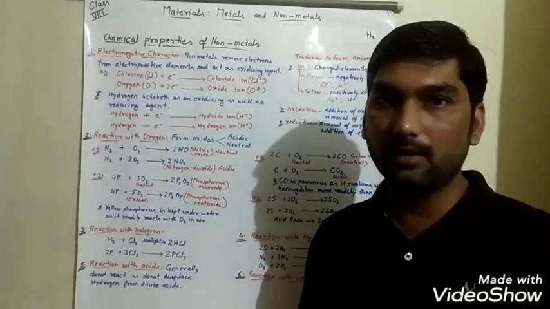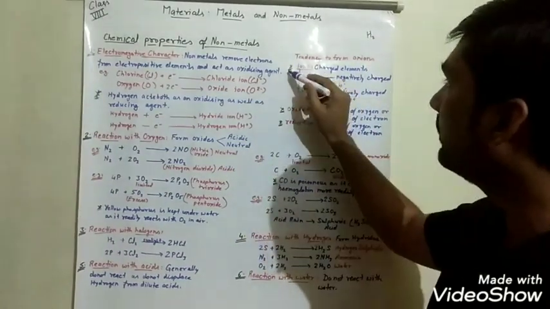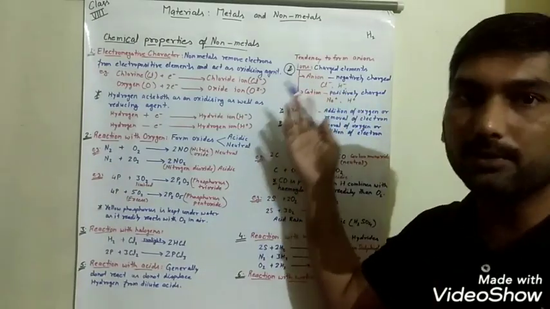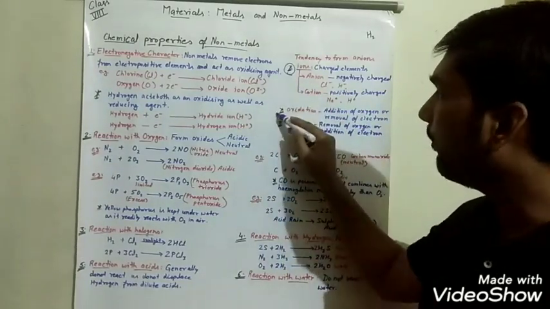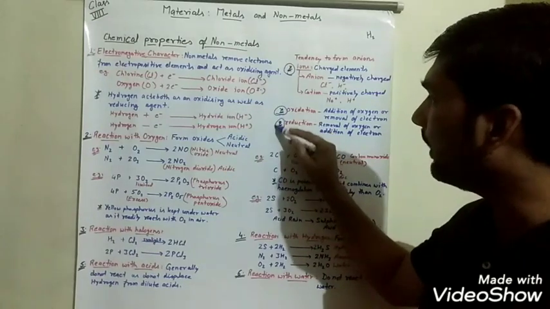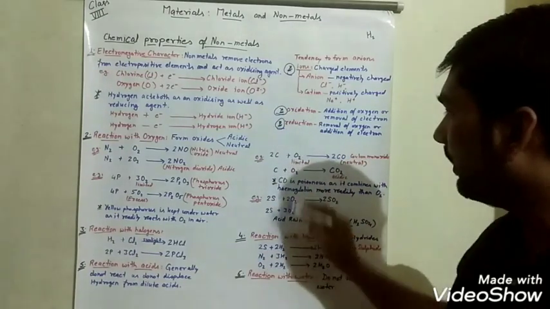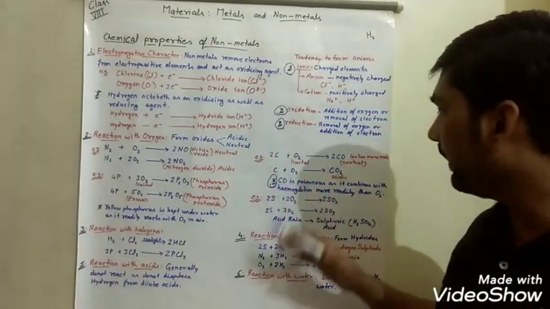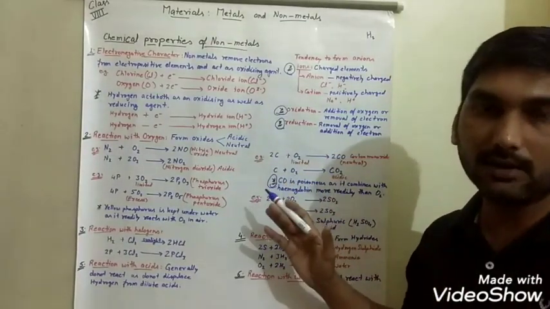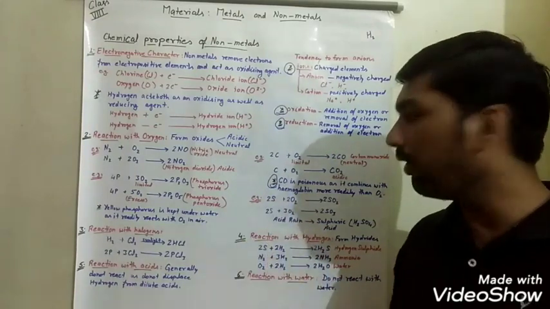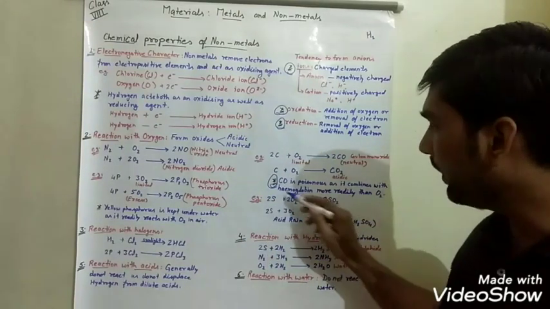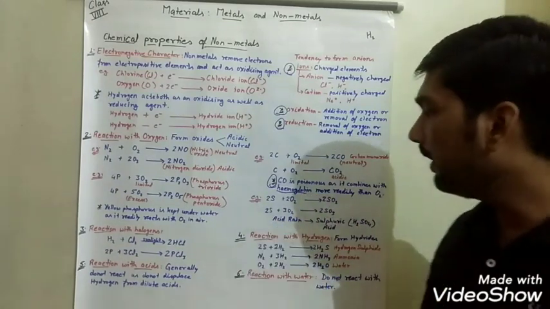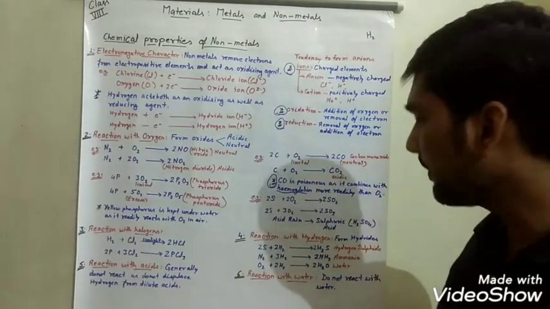So keep in mind all these important points. What do we mean by ions, and what are the two types, anions and cations? What is the oxidation process? What is the reduction process? And about CO, carbon monoxide, it is a very poisonous gas because the hemoglobin present in our blood has more affinity to this gas in comparison to oxygen gas.